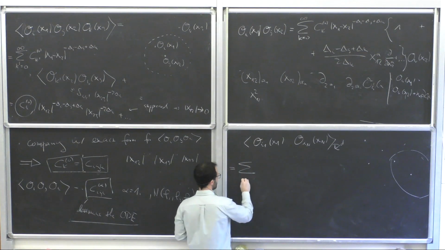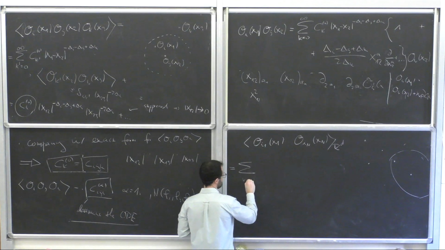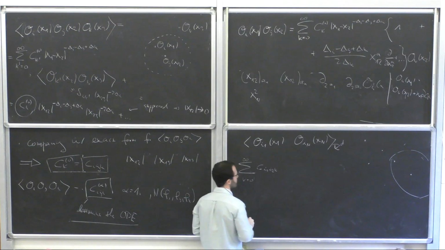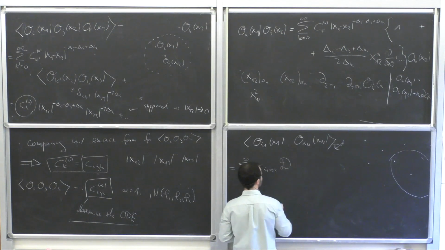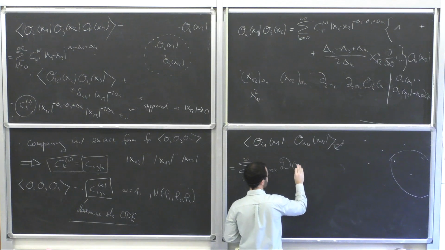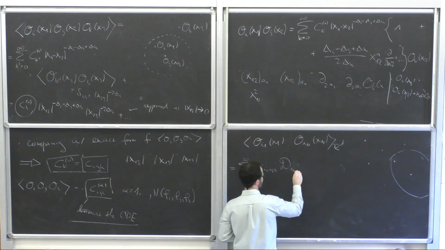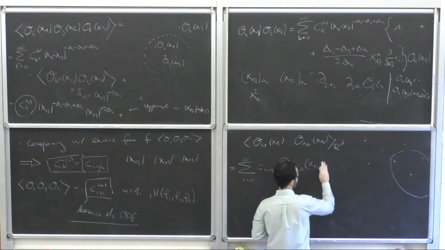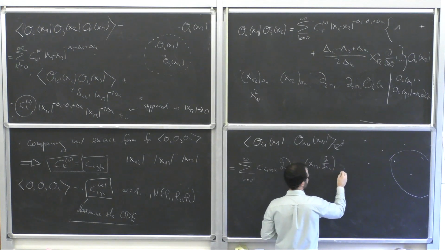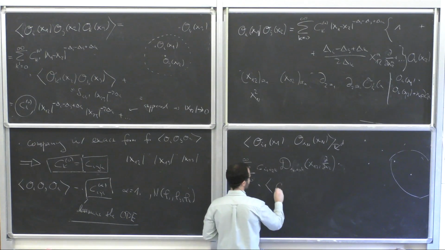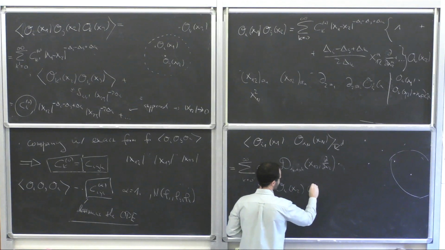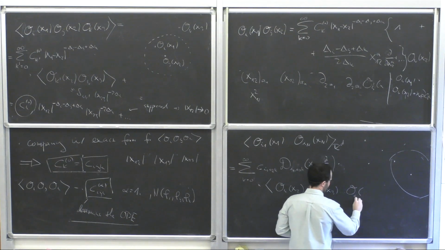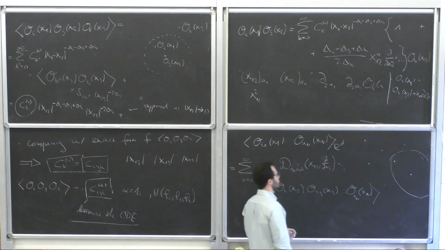Then we would have a sum over k, and there's going to be something like C_i1 i2 k and some big differential operator, which depends on i1, i2, k, and on x12, and it's a differential operator in x2 through xn.